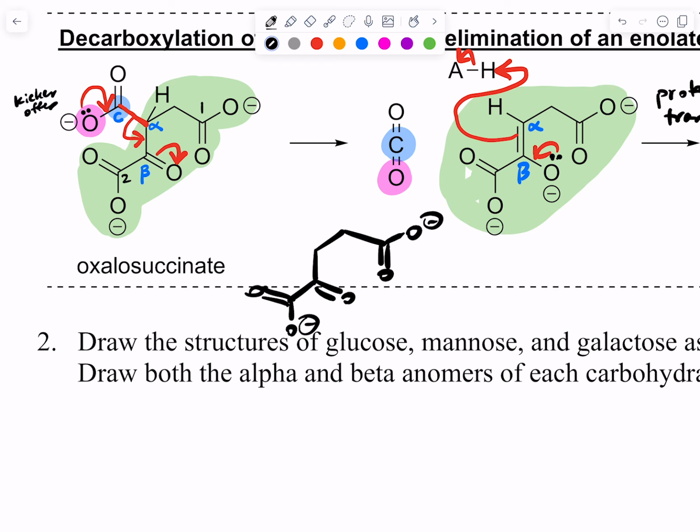Let's see, this would have been alpha and beta. So yeah, you could draw an intermediate that would look like this. And then this would pick up the proton there. These two are resonance structures of each other.